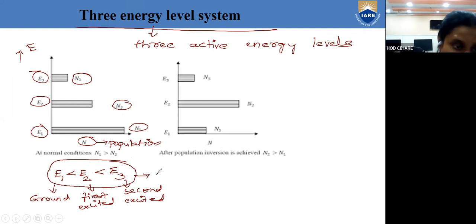Also, the population of the ground state will be greater than the first excited state, which is greater than the second excited state, because we have taken one condition. As energy level increases, what happens to population?